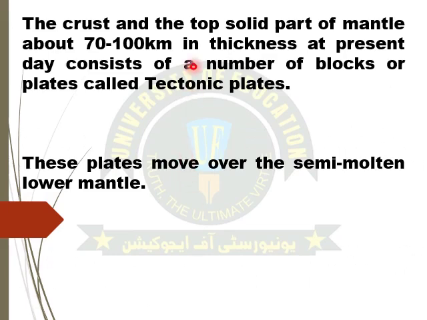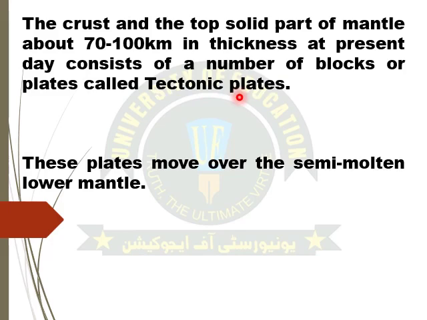If we talk about the crust and top solid part of mantle, about 70 to 100 kilometers thickness, at present day it consists of a number of blocks or plates, and these plates or blocks are called tectonic plates.